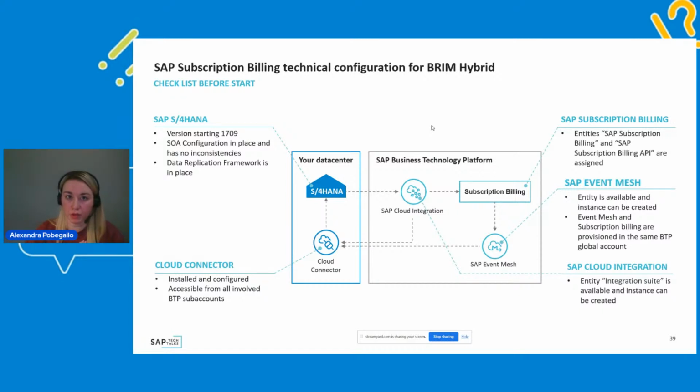Global means not just the same sub-account, but the same global account. This is probably everything you need to keep in mind, and you can easily take this slide and give it to your BTP responsible or your basis team, so they can check whether you have everything you need, and implement it.